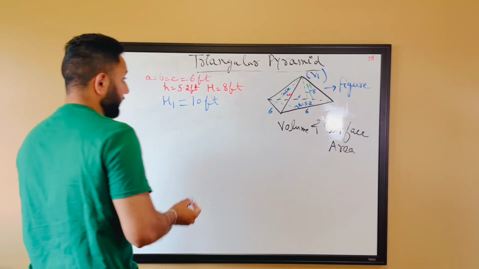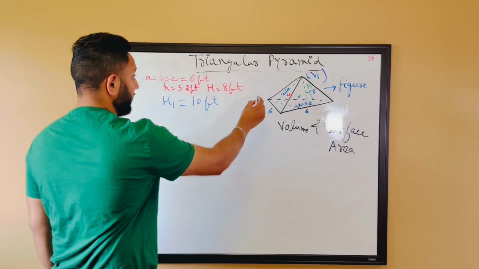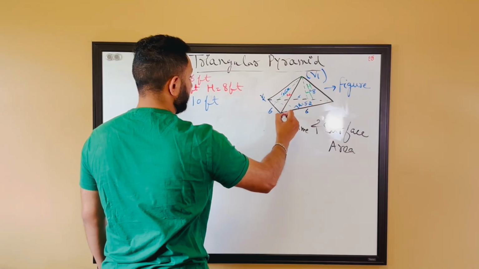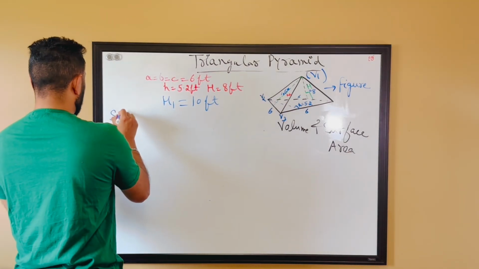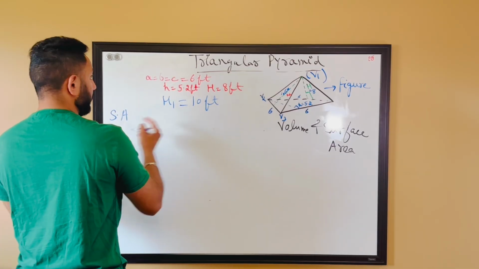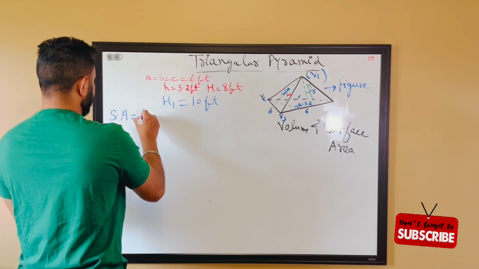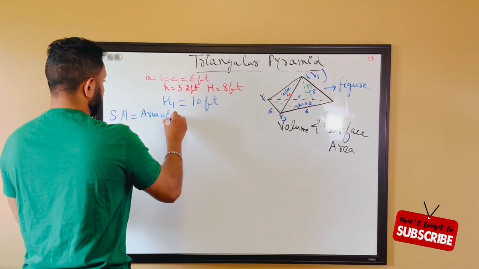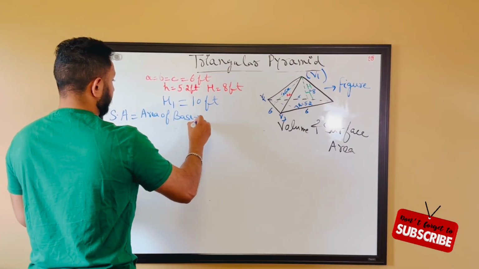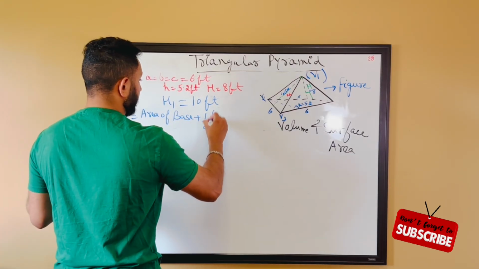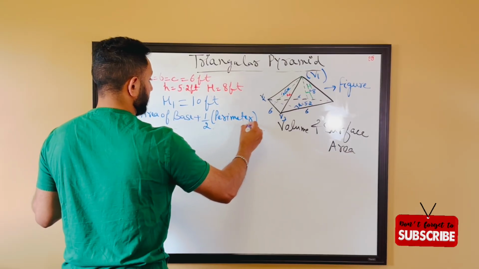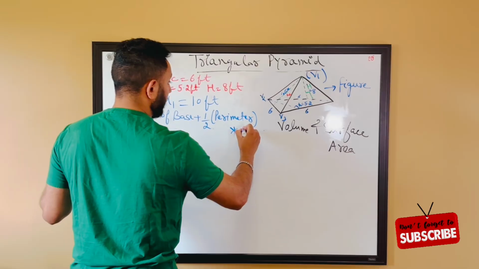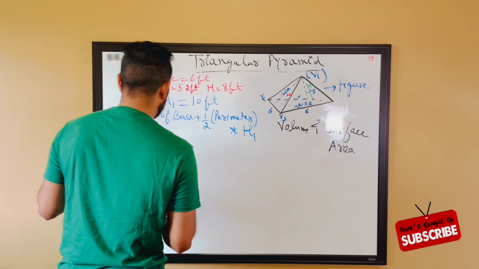So edge is the line that connects the two vertices, like this. And the formula for the surface area of a triangular pyramid is area of the base plus half perimeter of the base into slant height, which is h1.